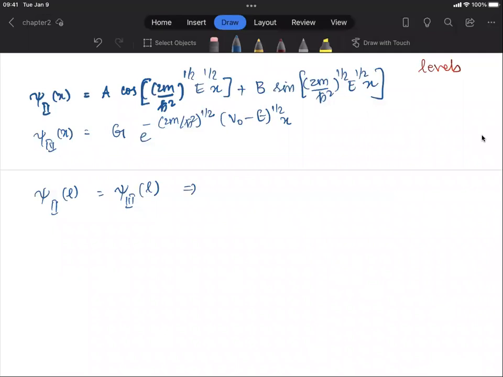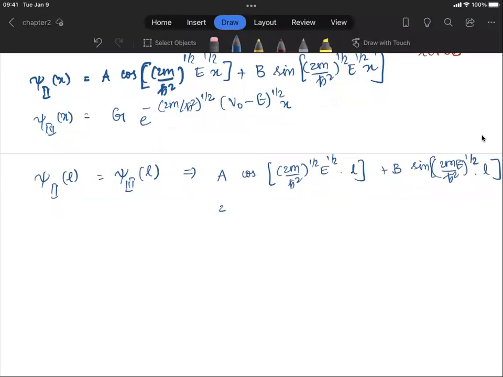So this would give us, when we substitute x to be equal to L, a cos of 2m over h bar squared times L plus b sine of 2m over h bar squared. I'm actually going to put these two together because they're both raised to the power half.